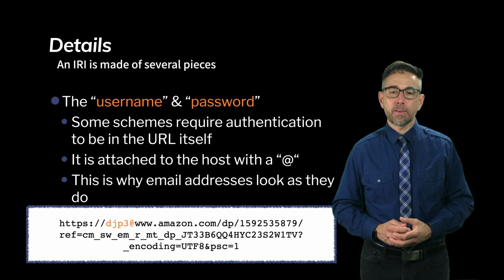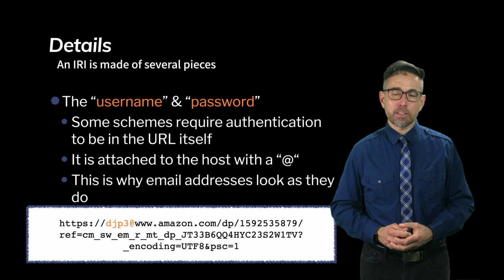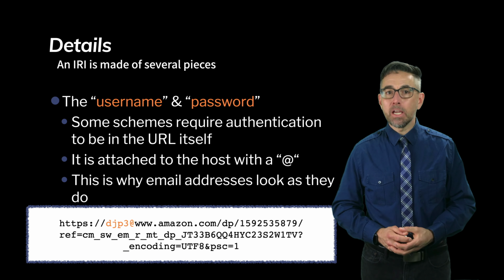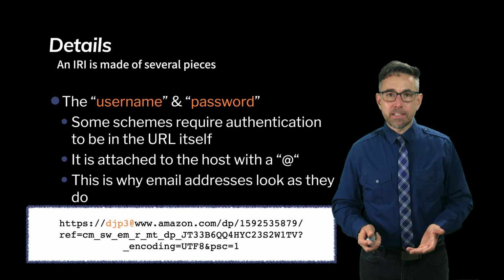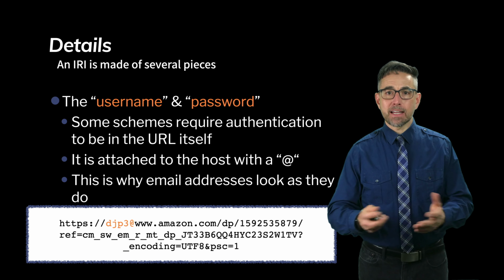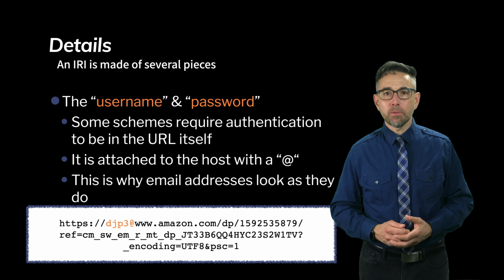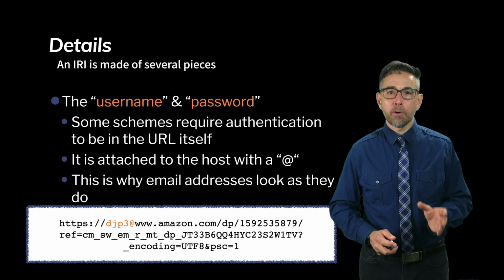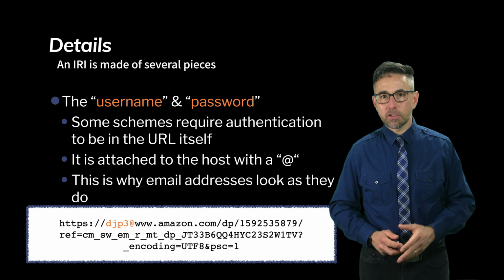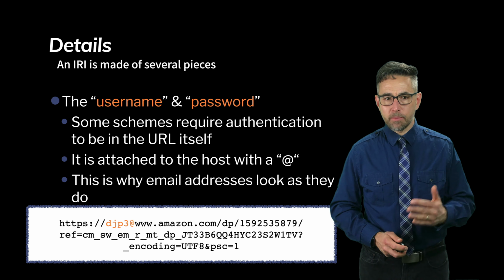So for example, here you can see that I am trying to access the resource at Amazon.com using the username DJP3. Now, many websites do not restrict the access in this way. Some do, but it's something that you may encounter in different contexts. This is an example of me using my username to connect to a particular resource on Amazon.